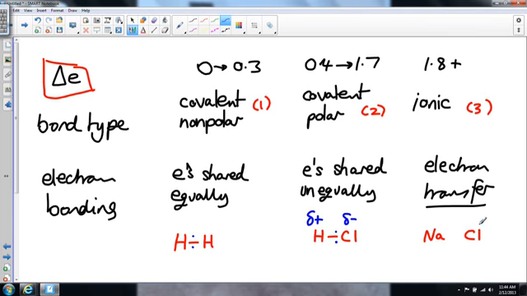That means chlorine has grabbed the electron from sodium. Chlorine's gained one, sodium's lost one, that's where the charges come from, and what we have are ions, right?